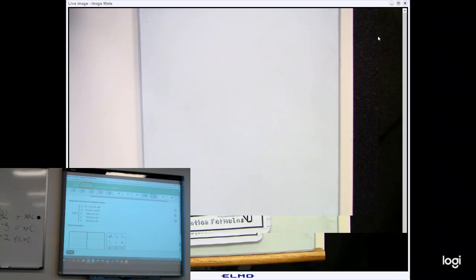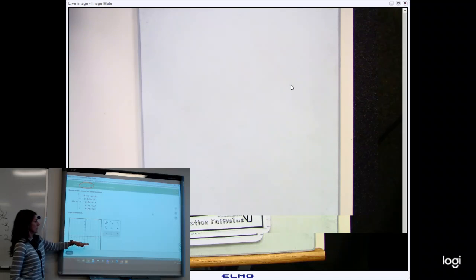And can I get it? I want to get it all on there. Oh boy is right. All right, so -2. I know my line would be right through here. Do you guys agree? That's where y is -2.